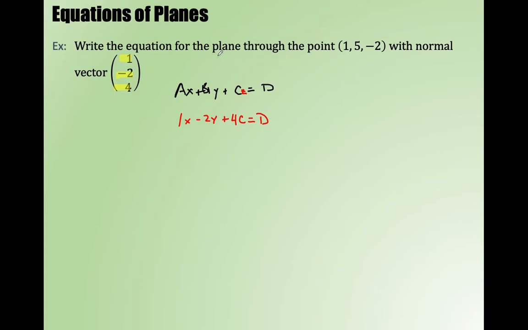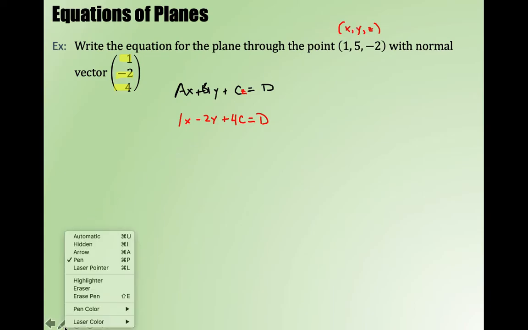We need the point in the plane. We need to know how we're nailing down the point. But remember, we need our generic point in the plane. So we're going to say x, y, and z is any other point in the plane. And the first thing we're going to do is create that vector.